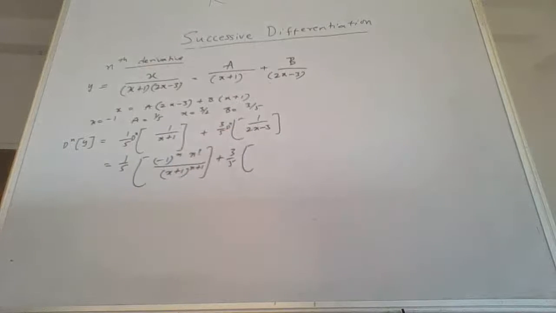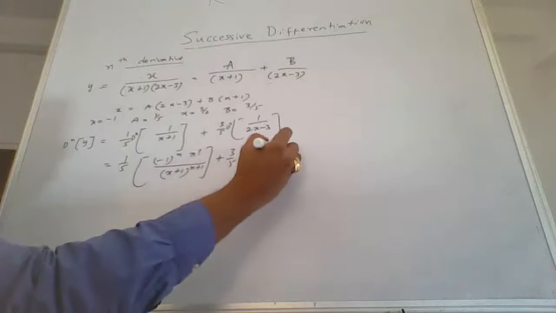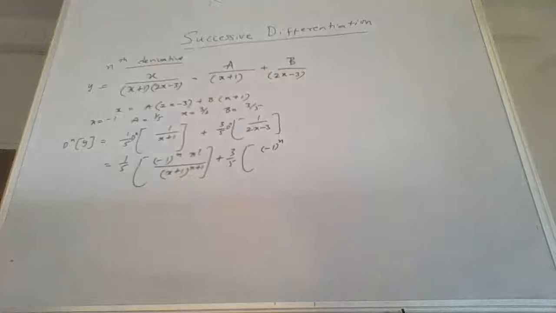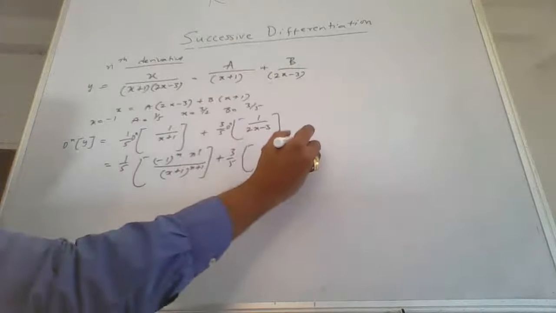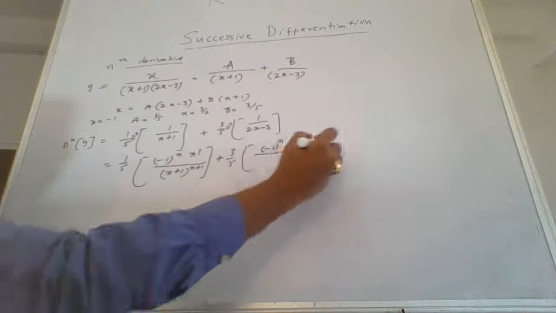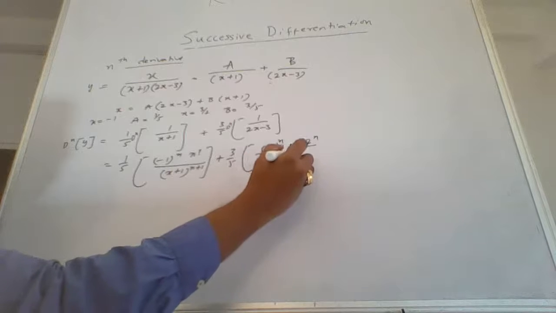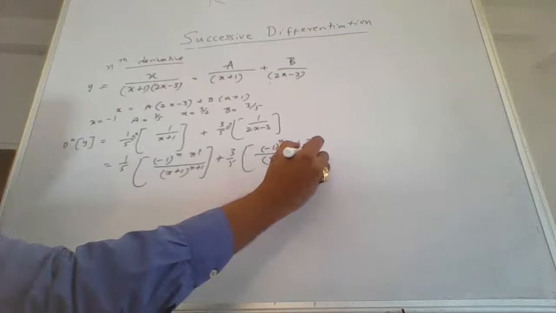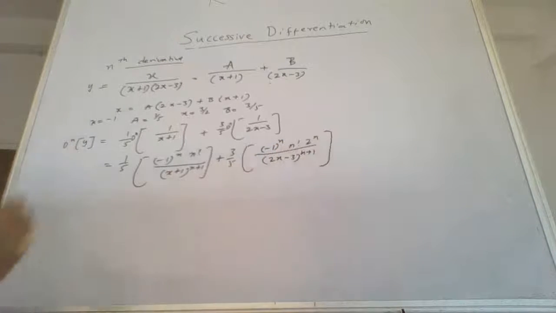Here also you'll get this form: minus 1 to the power of n and n factorial times 2 to the power of n divided by (2x minus 3) to the power of n plus 1. So that is the solution.